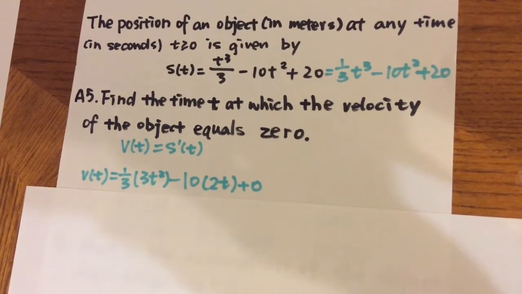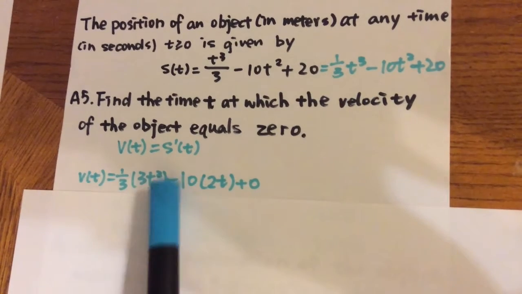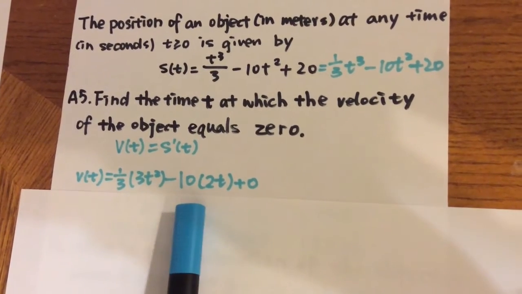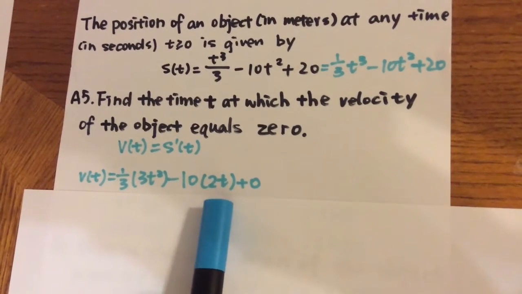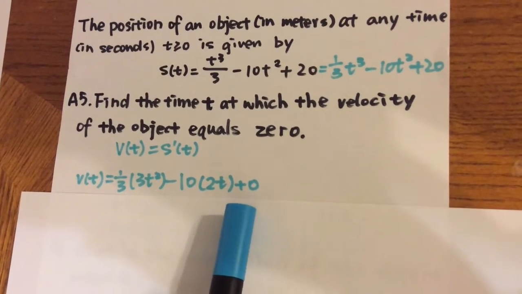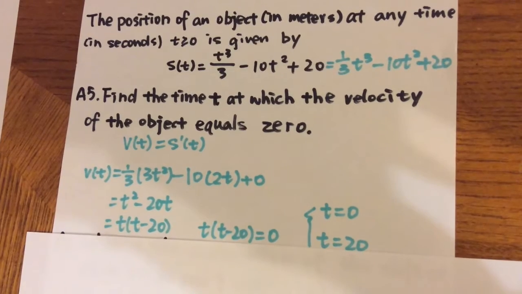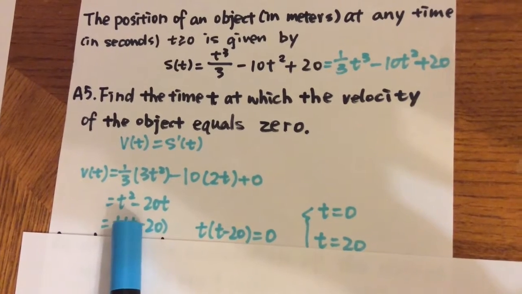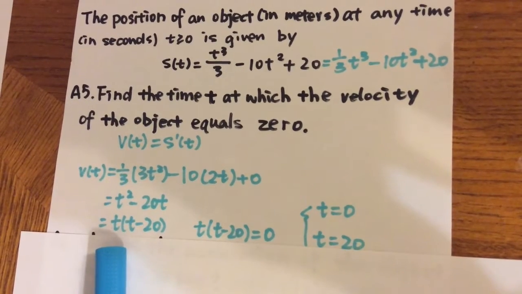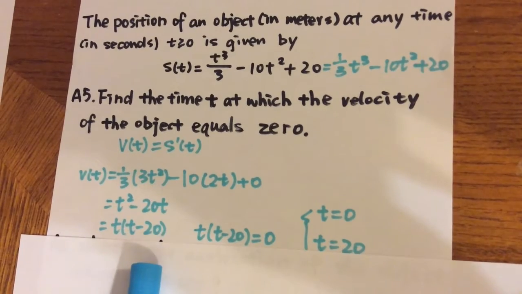Here also 1/3, and using the power rule, 3 goes to the front and we got the power of 2, and 2 goes to the front and the power of 1, we copy 10 here, and finally plus 0. After this we got t to the power of 2 minus 20t, and we rewrite this as t times the whole thing of t minus 20.